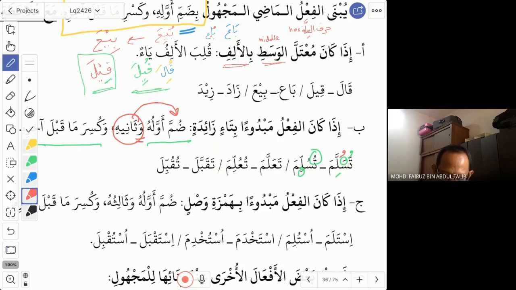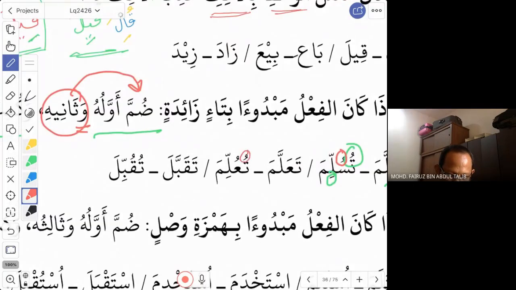So now you have tusullima. Tasallama, tusullima. The easiest way is just to memorize. Fa'ala, tufu'ila. Tasallama, tusullima. Ta'allama, tu'ullima. Again, you put a dhamma in the beginning and then you put a kasra before the last letter. Now the middle one, you just change to a dhamma.